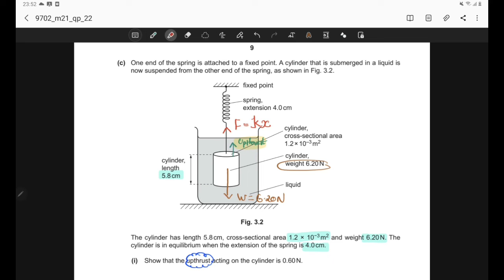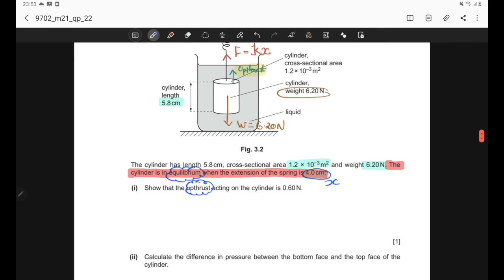There is another important information given in the question, that the cylinder is in equilibrium when the extension of the spring is 4 cm. That means when the extension of the spring, that when x is 4 cm, the cylinder is in equilibrium. This is very important term.